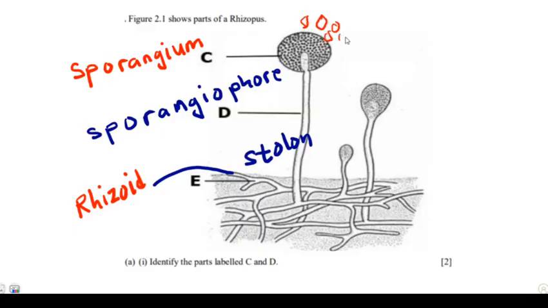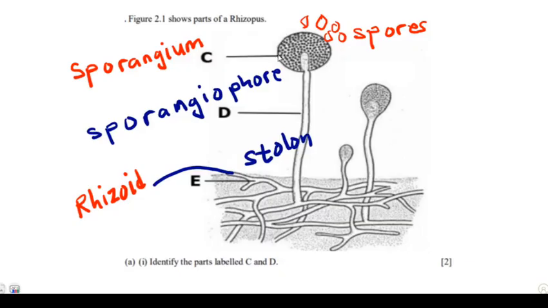These spores are just the reproductive units of the fungus. They are released from the sporangium and can germinate in order to produce new rhizopus colonies.